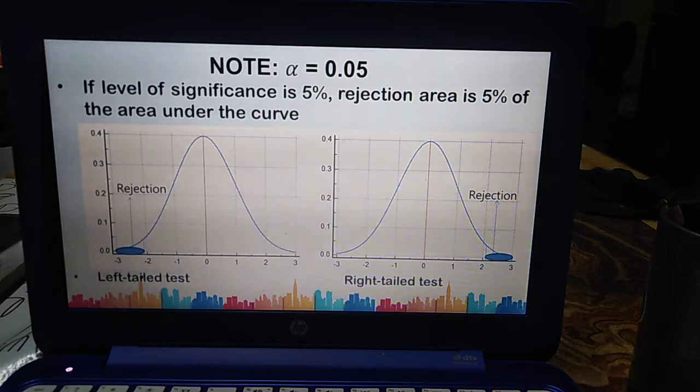Considering the graph on the left, if we have a left-tailed test, then the rejection area will be on the left end of the curve. If we use a right-tailed test, then the rejection area will be on the right side of the curve.